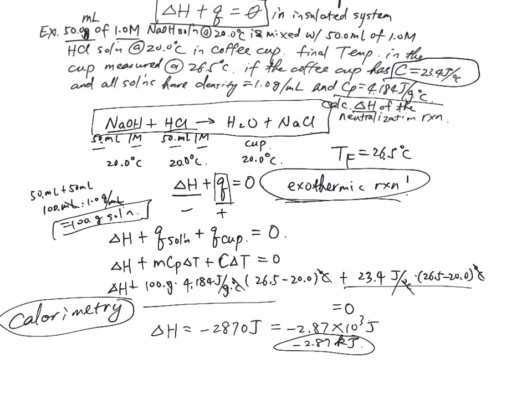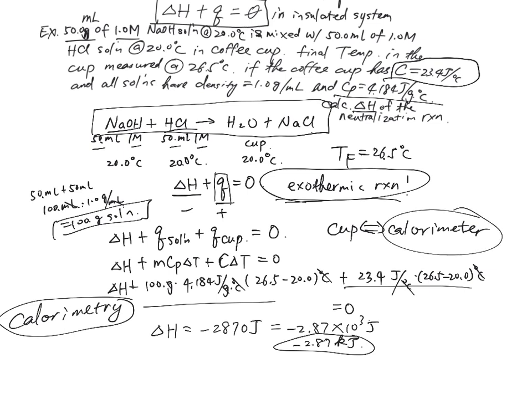And this cup that we used, in an accurately set up calorimetry experiment, we use a much better insulator, a closed container with its heat capacity carefully measured, previously known, and this cup is acting as what we call a calorimeter.